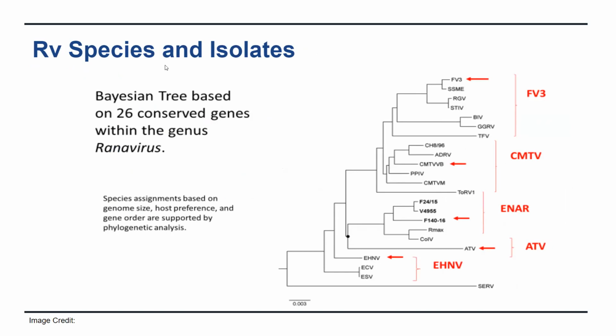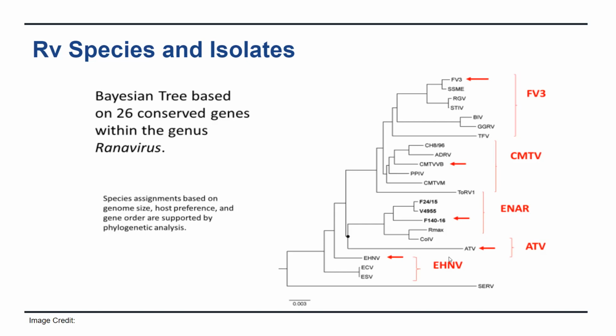The last way is what we've talked about before, and that's looking at phylogenetic trees. This is a phylogenetic tree based on 26 conserved genes within the genus Ranavirus. And what you could clearly see again here is that by performing a phylogenetic analysis, you could define different species. Frogvirus 3, common midwife toad virus, European North Atlantic Ranavirus, Amphibian tigrinovirus, and EHNV.